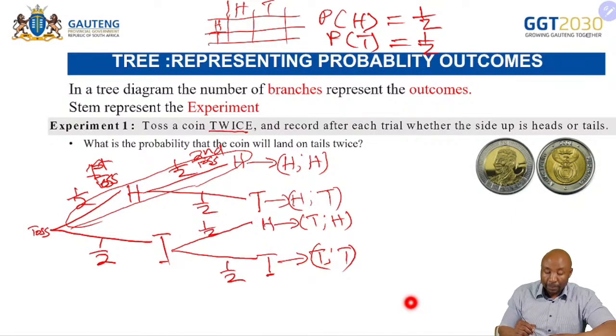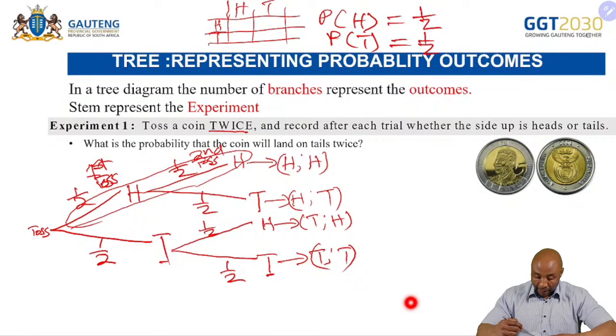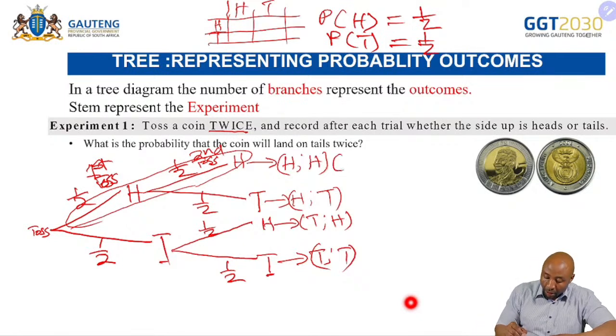And to represent my outcomes, remember we are saying the events are independent. So to get the probability of the first outcome, I'll multiply the probabilities on my branches. So for the first outcome, I'll multiply the probability of half by half. And that will give me half times half, which is 1/4 as the probability outcome.